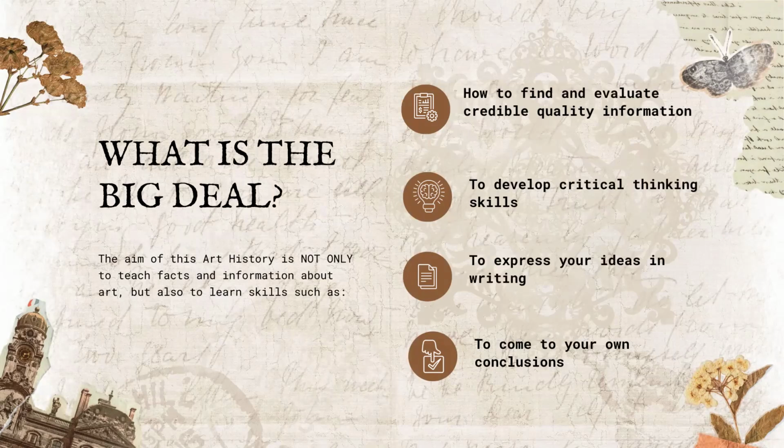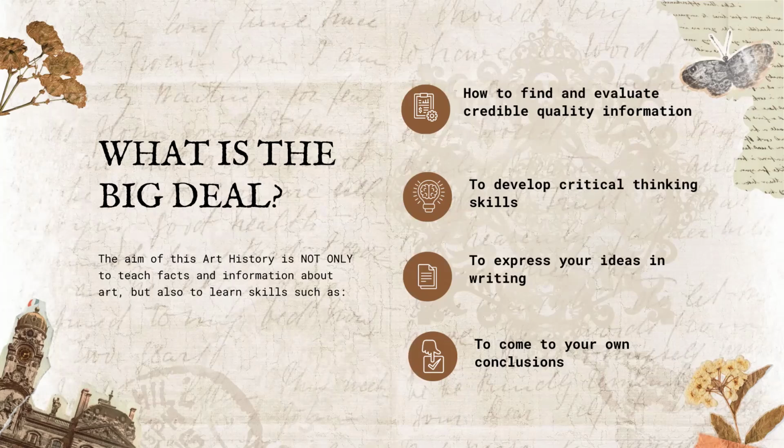We want you to learn to look at examples of art and at various writings of philosophers and theorists, and then to make your own decisions about what you see and read. In order to do this, you need to develop critical thinking skills. If you use AI to write your assignment, you are bypassing the critical thinking part.